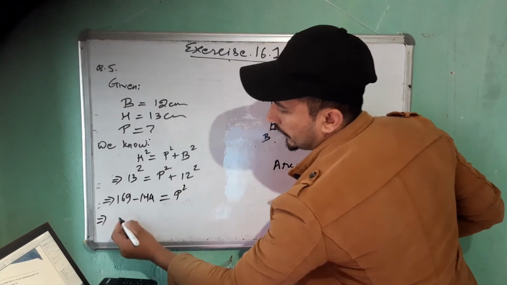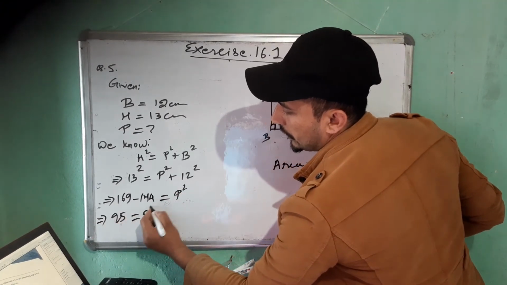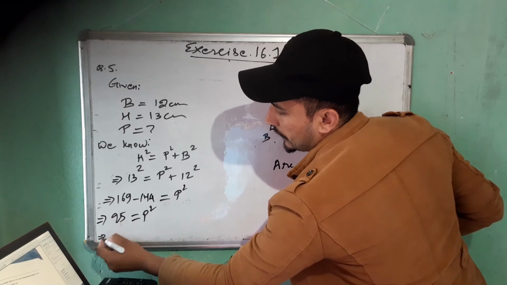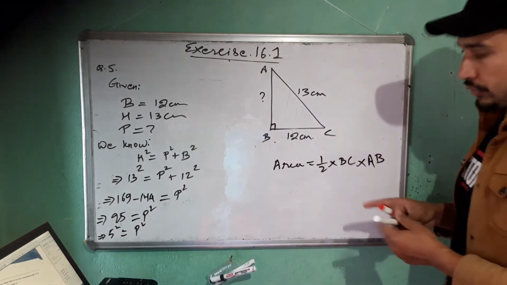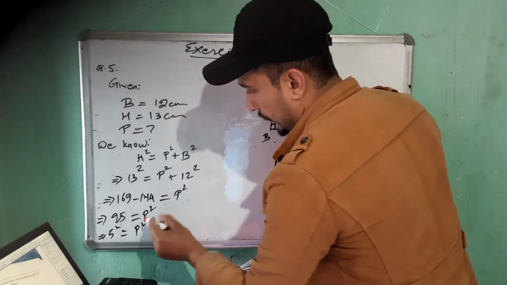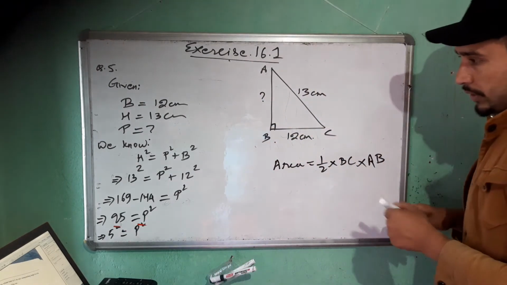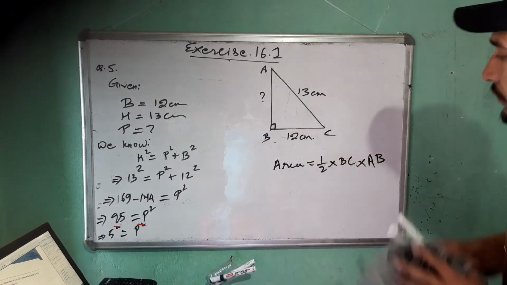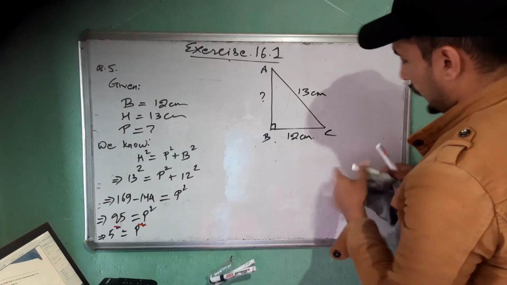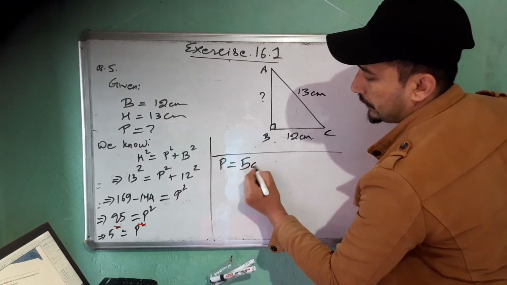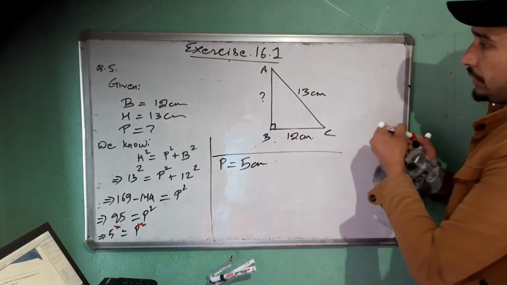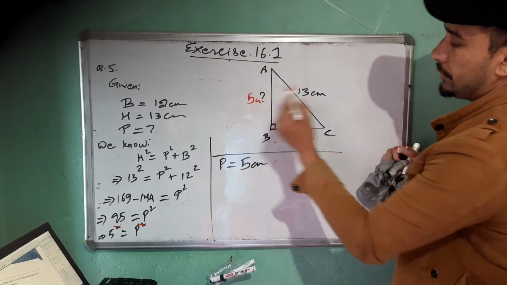So it will be 25 is equal to p square. So 25 means 5 square is equal to p square. 5 into 5 is 25, isn't it? So this and this square get cancelled. So perpendicular is equal to 5 centimeter. So the value of this side we got is 5 centimeter.